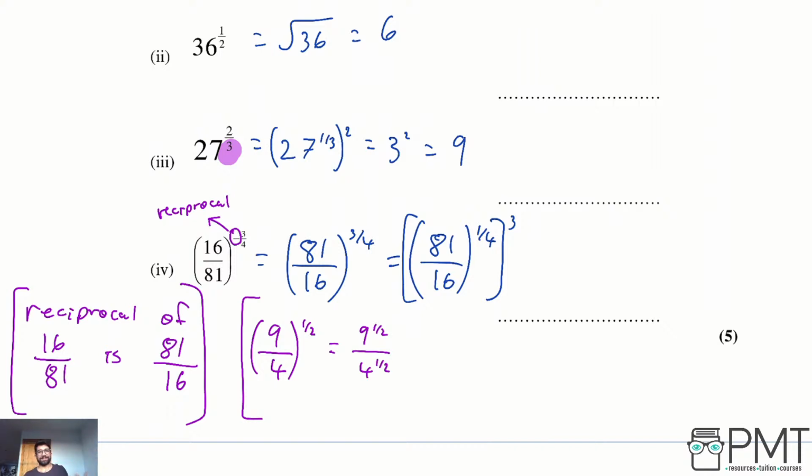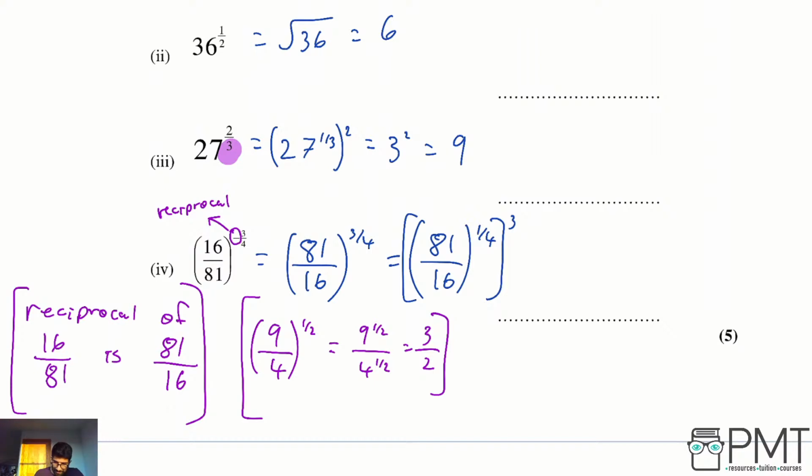We saw this at the very beginning: if you had two terms in a bracket and you took a power, it applied to both. It's the same with fractions. You need to take the square root of both the numerator and the denominator individually, so this is going to be 3 over 2. So that's the rule: take the square roots or the fourth root individually.